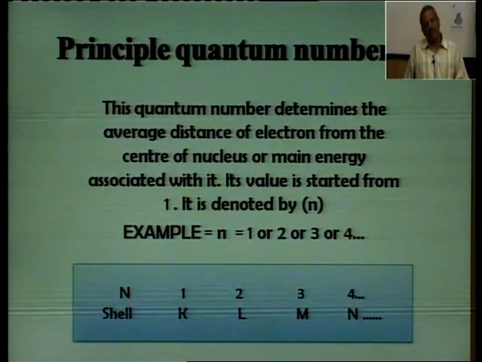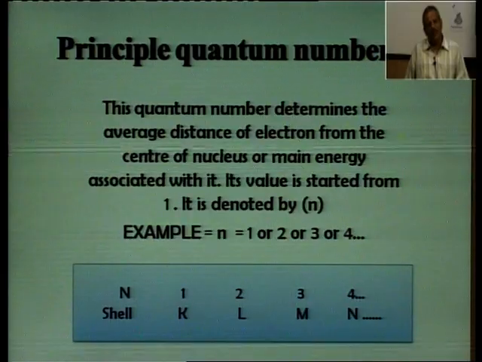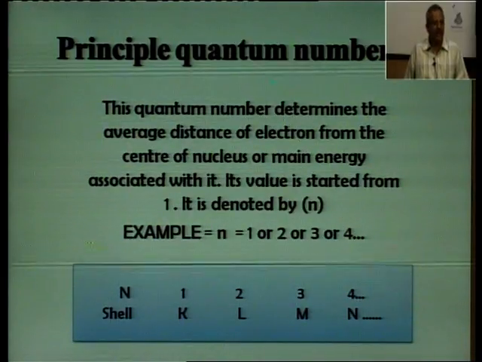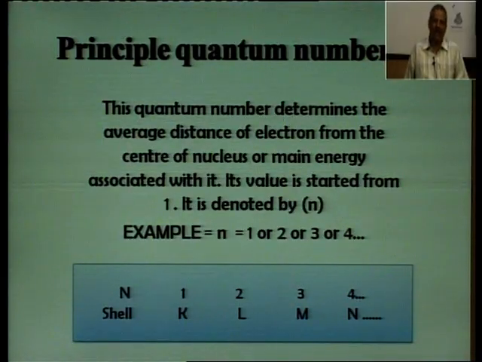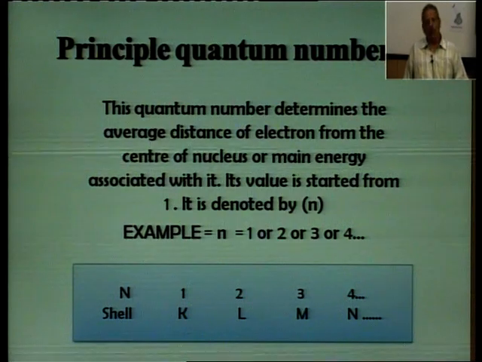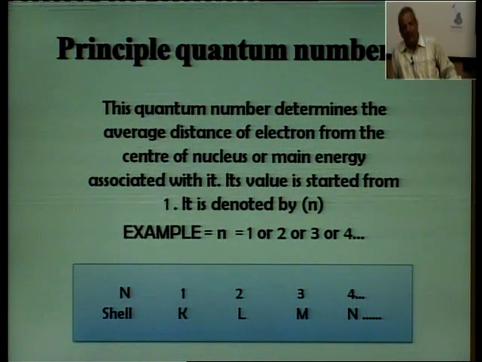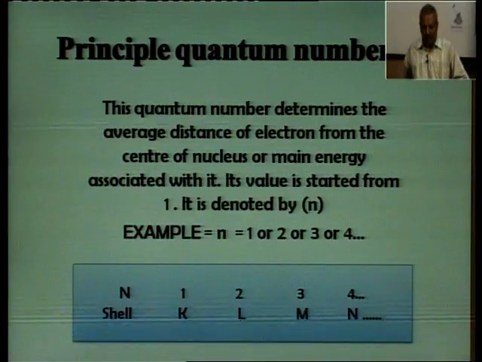If the value of n is 2, then the electron is present in the second energy level, and if the value of n is 3, the electron is present in the third energy level.